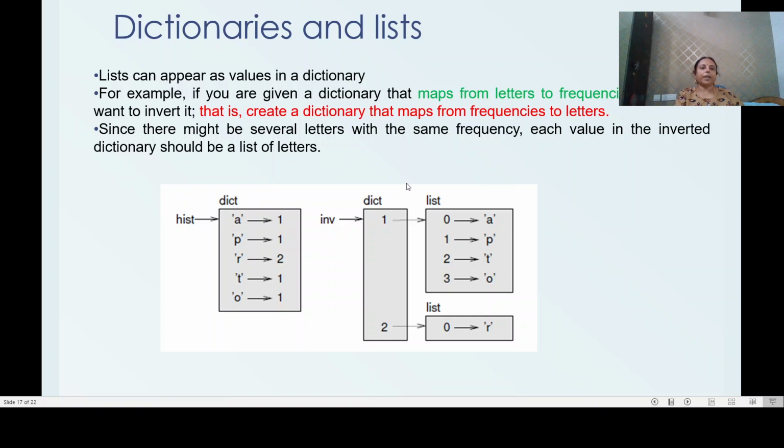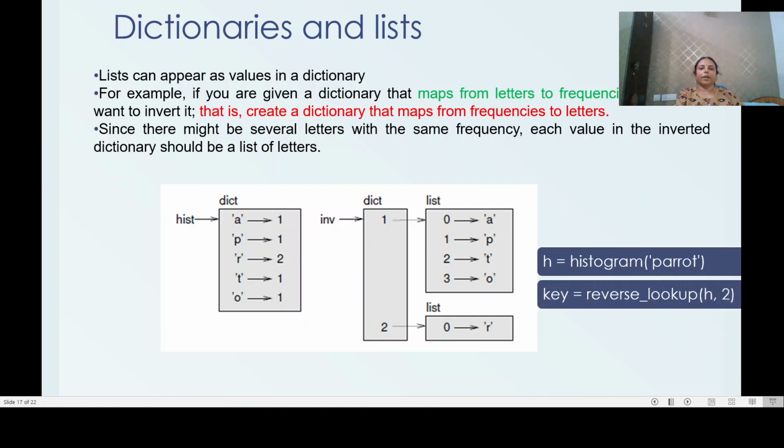This can be done using dictionary operations. The output will be a list, a separate list for each index, that is, for each key value. So let us see how this will be created.